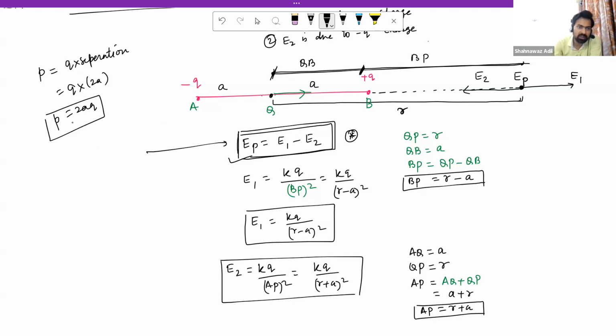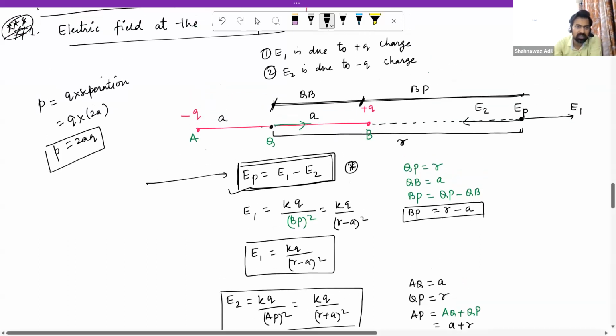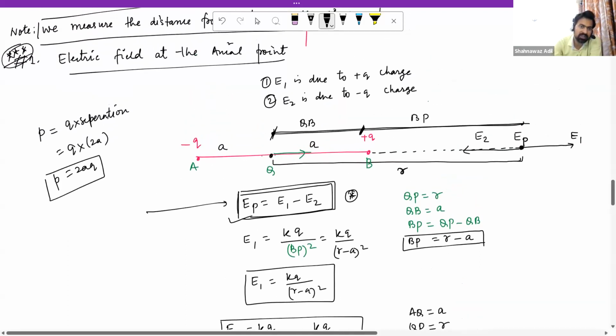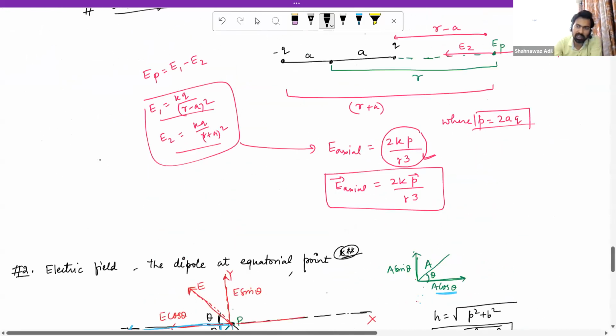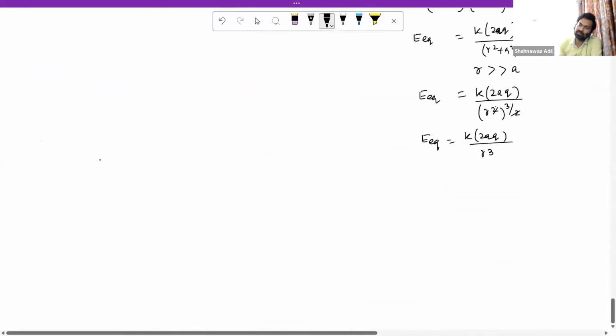So this 2aq is the dipole moment, right? And what is the dipole moment? That is the charge into separation. So now let us write 2aq.